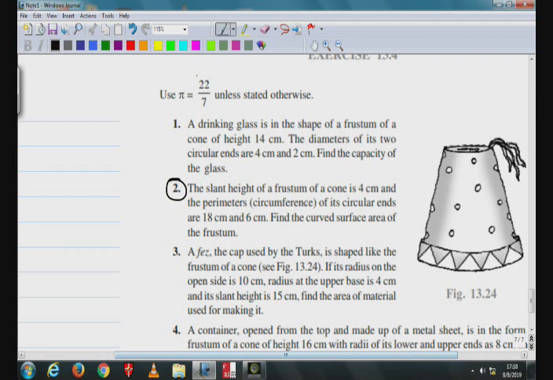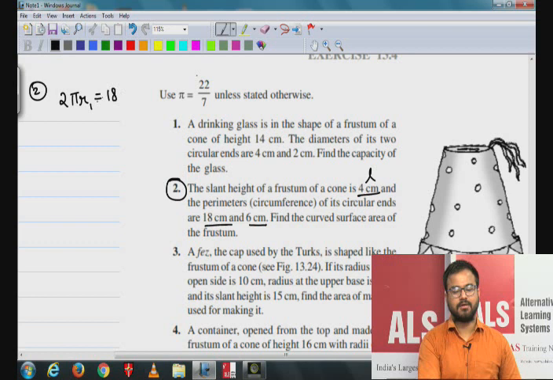So it says the slant height is 4. So L is given 4. Perimeters of the circular ends are this one and this one. So perimeter is 2 pi r. So 2 pi r1 is 18. 2 pi r2 is 6. We have to find the curved surface area of the frustum.